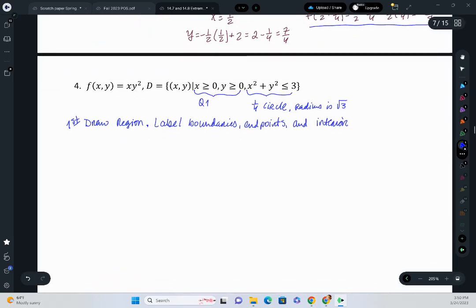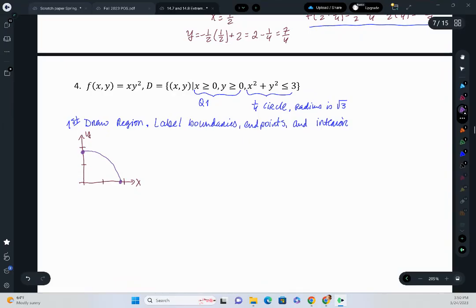Okay, so let's draw this. Let me use a different color. All right, I have an XY axis. Square root of 3 is approximately 1.7. We don't need to have an exact drawing. Approximate is good. So when I draw this at about 1.7, it's going to be almost at 2, but not quite.